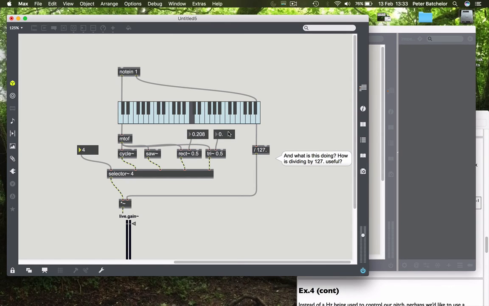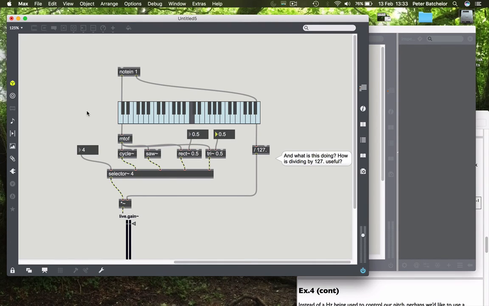Same again with the triangle wave. You get that sort of phasey character as we change where the point of the triangle is in that cycle. Most of the time, as I say, if you only want a square wave, you would keep that at 0.5, or a triangle, you would keep that at 0.5.